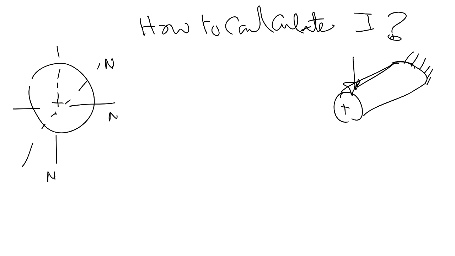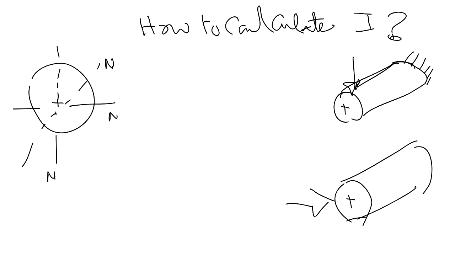Okay, what about this case, guys? Where will be your neutral axis? Vertical. Okay. So we can end up for the uniform shapes that the neutral axis should be perpendicular to the plane of the moment, or it's perpendicular to the force.